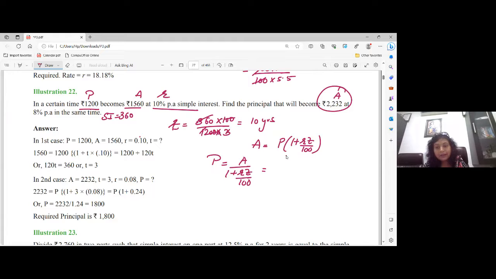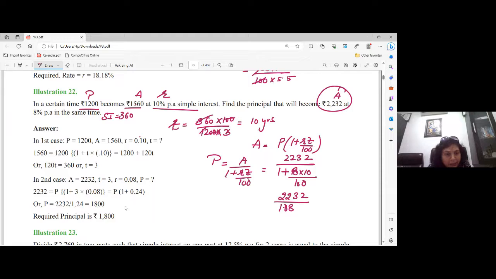So amount is 2232 upon 1 plus rate of interest is 8%, time is 10 upon 100. So this becomes 2232 divided by 1.08.